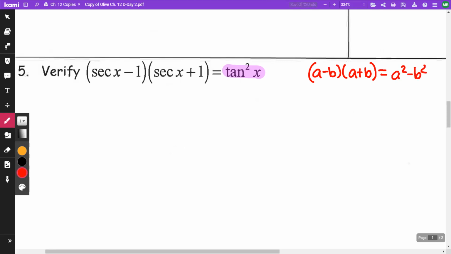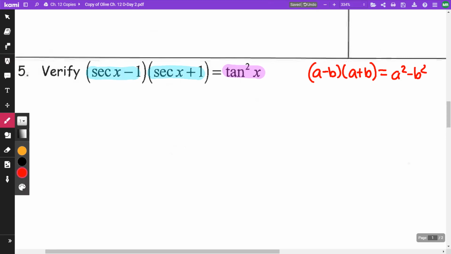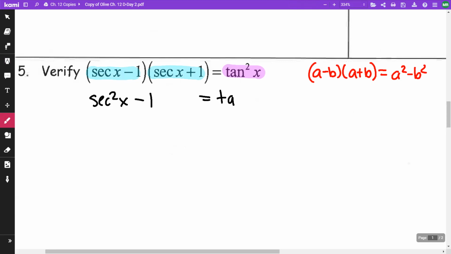So when I am doing this, secant x minus 1 times secant x plus 1, that is going to become secant squared x minus 1. And this is equal to tangent squared x.